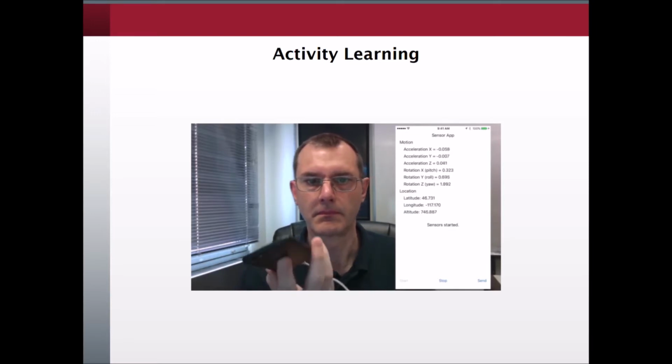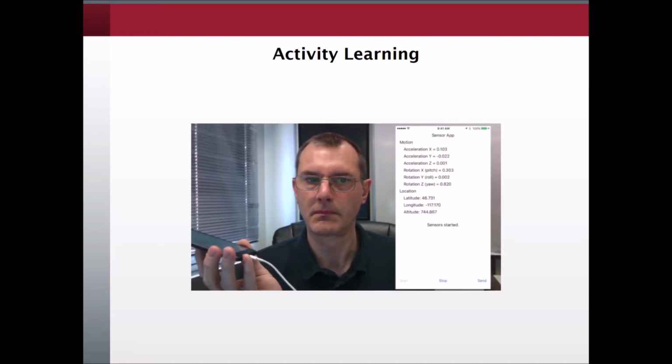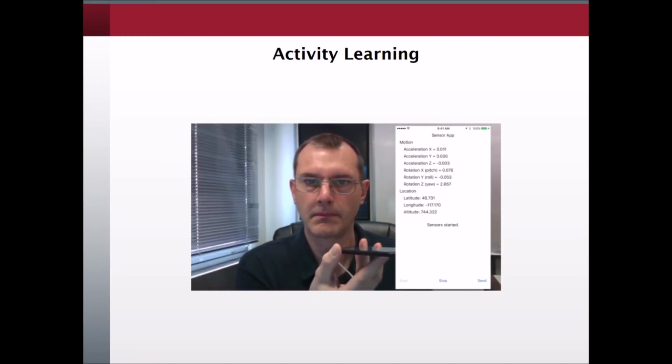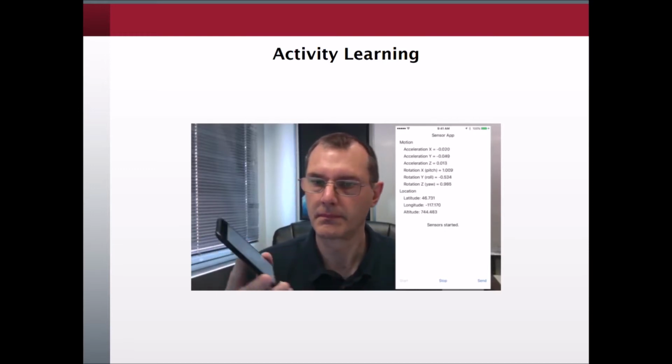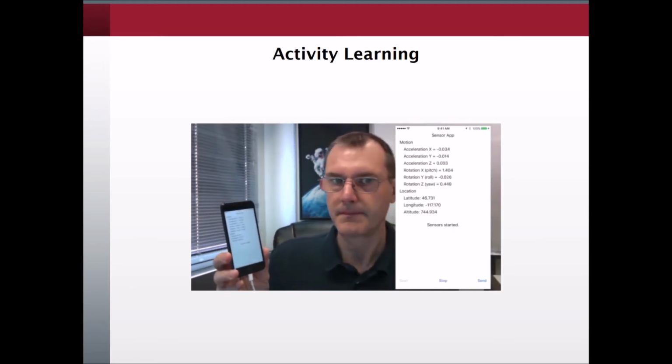The roll values changing now, and finally the yaw values changing. This is the type of sensor data that we can collect. In this case, the latitude and longitude do not change much because the user is not physically changing locations. The altitude of the phone may change a bit.